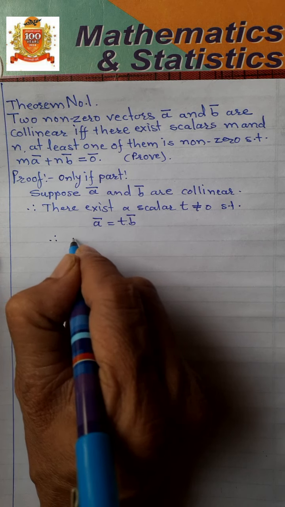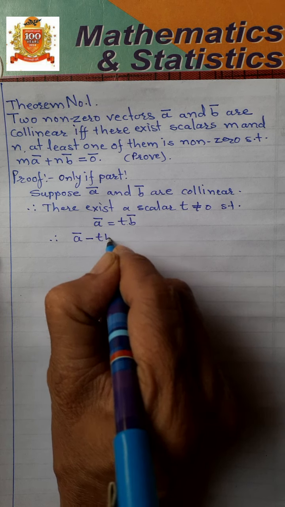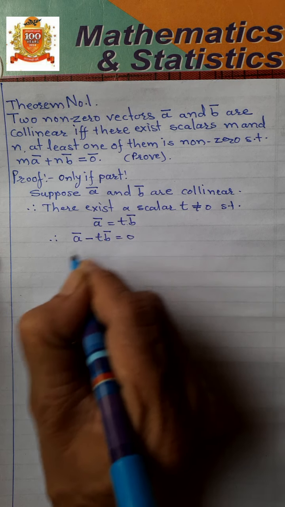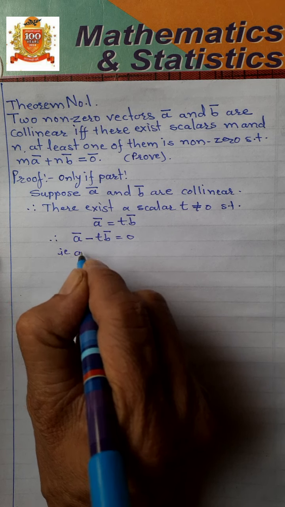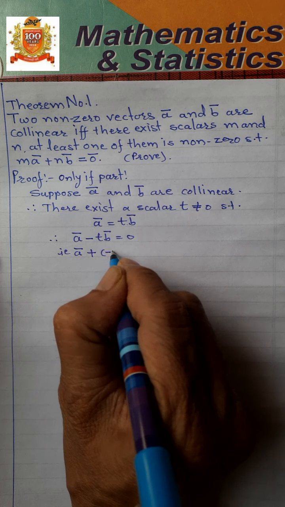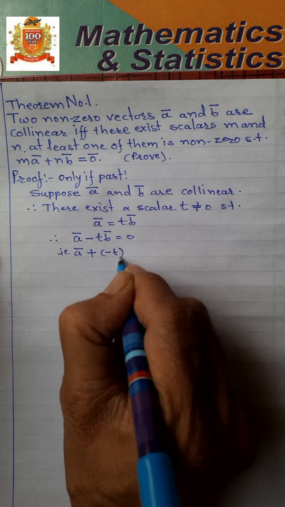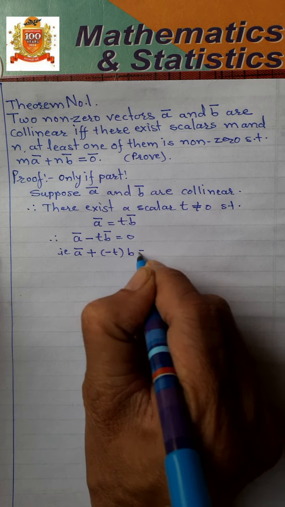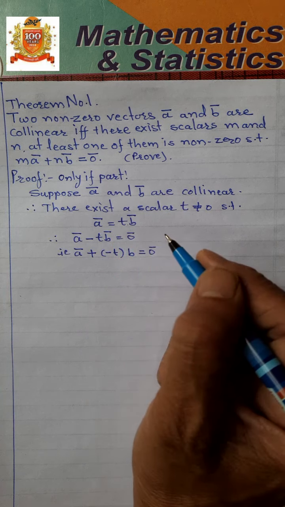Therefore, we can write a bar minus t b bar is equal to 0. That is, a bar plus (minus t) into b bar is equal to 0 bar, isn't it?